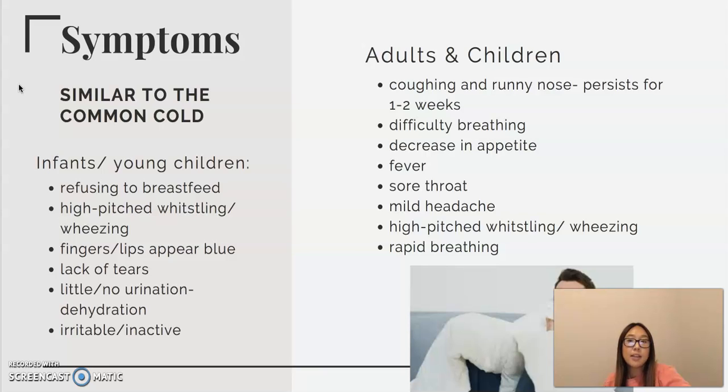The fingers and lips appearing blue indicates low oxygen levels, which can be very severe, especially in babies who can't identify the changes in their breathing.